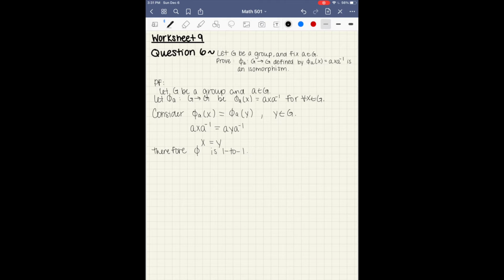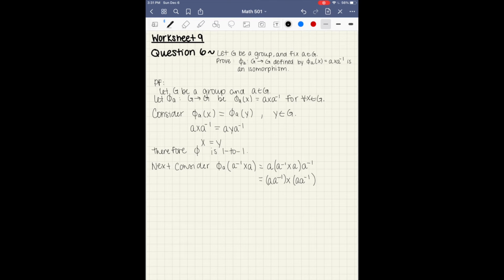Next thing that we have to do is prove that it's onto. So let's next consider phi A of A inverse x A. Now we can apply the function to this element, so we get A A inverse x A A inverse. Regrouping this, we get A A inverse x A A inverse.